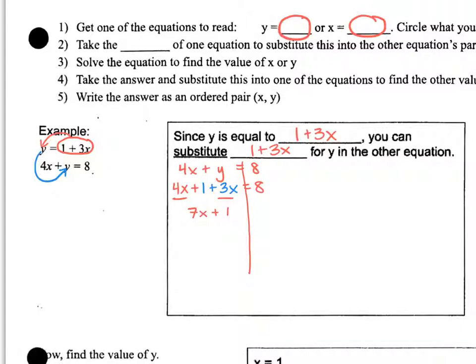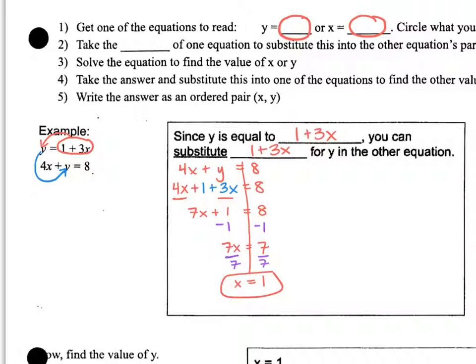And we still have the plus 1, and that's equal to 8. The next thing I'm going to do is get the 7x by itself. So I want to subtract 1 on both sides. I get 7x equals 7. Then I divide by 7, and x equals 1.